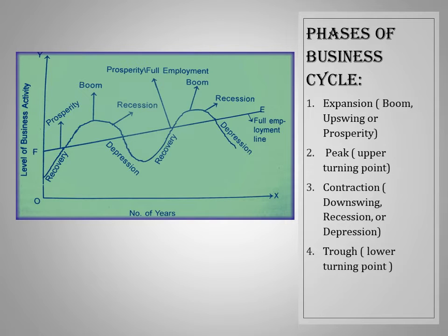Here the economy rests, but after it, contraction comes in, which is known as downswing, recession, and depression. And at last, the lower turning point is known as trough. No economy can stay in any phase for a long time, and there is fluctuation over time, which results in the various phases known as expansion, peak, contraction, and trough.